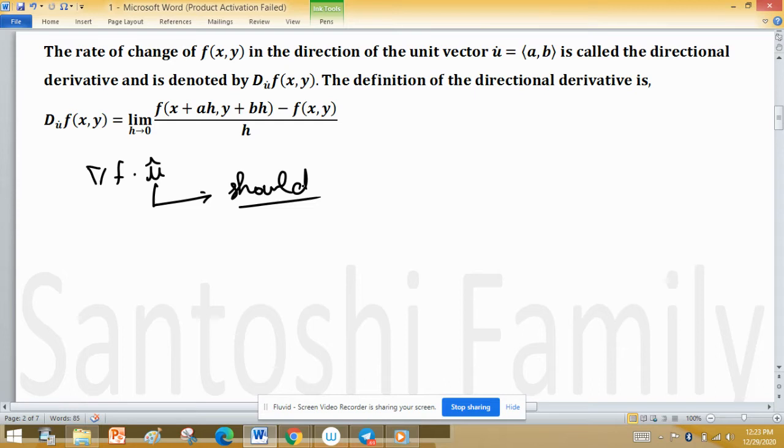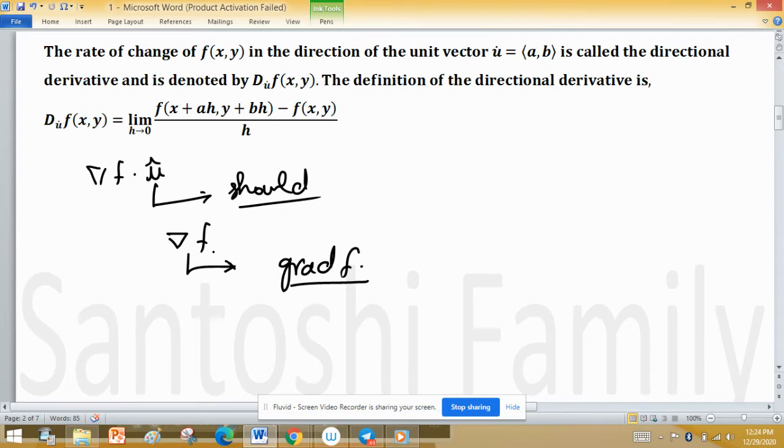Now many times the directional derivative is asked in terms of the maximum rate of change. To find the directional derivative for the maximum rate of change, we use nabla f, known as the gradient of f.